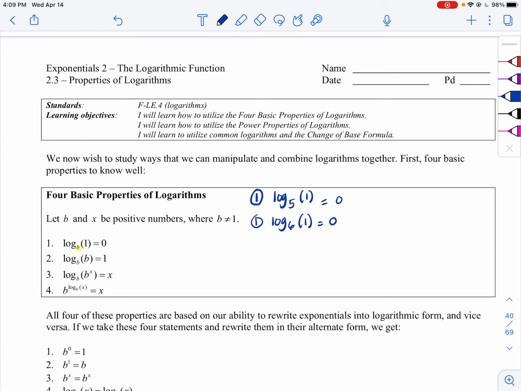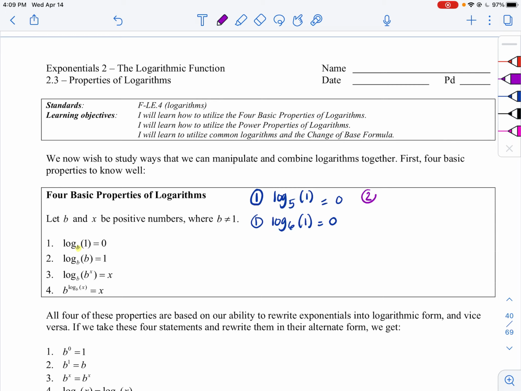The idea is, if you rewrite this log function into an exponential function, this would be 6 to the power of 0. And any number raised to the power of 0 is 1, isn't it? So that's the idea of this property. Whatever the base, for as long as we have 1 in this parenthesis, the answer is just 0.